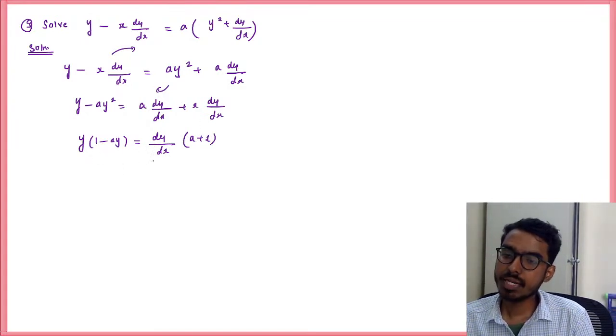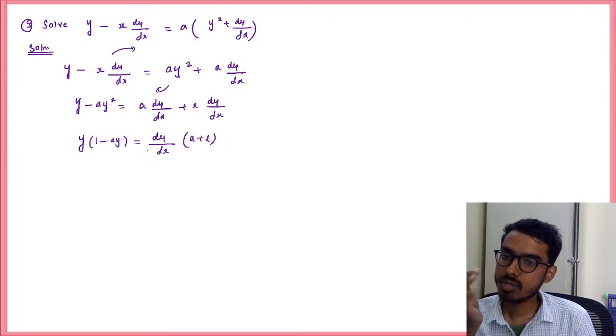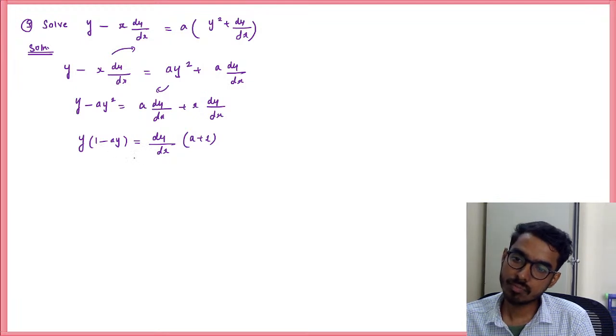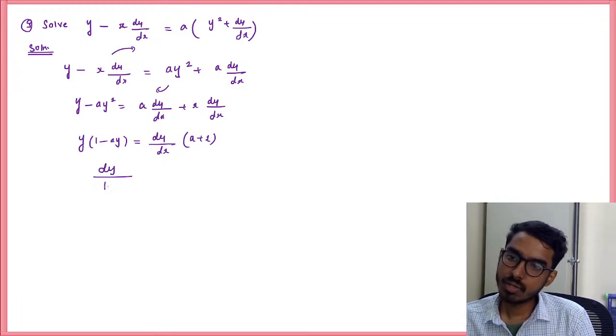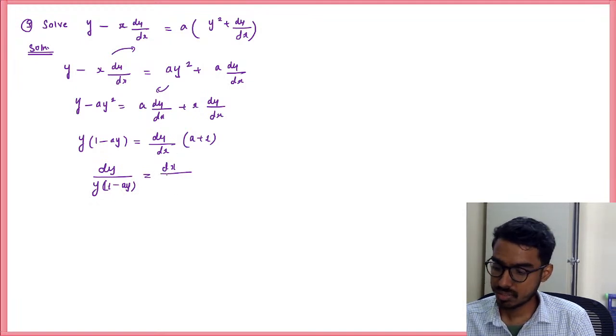Now we need to separate dy's and dx. So you bring this dy here. We have y into 1 minus ay, and here we have dx by a plus x.